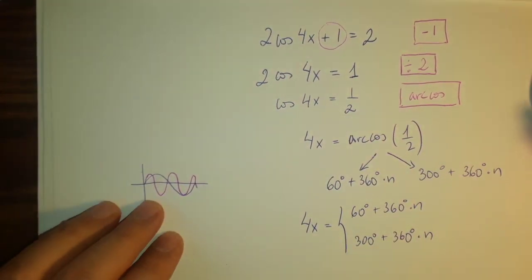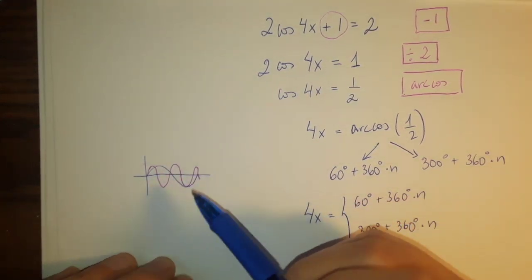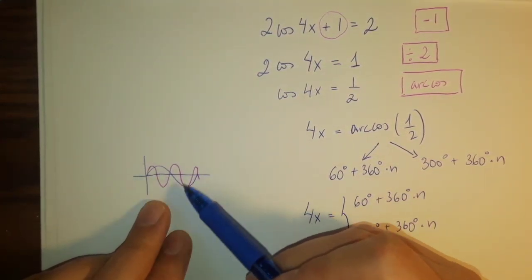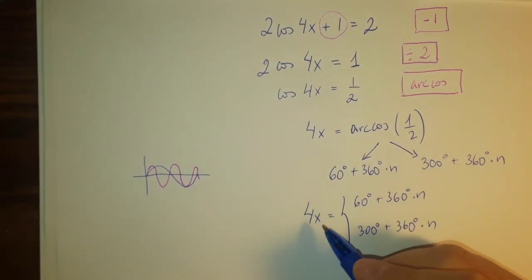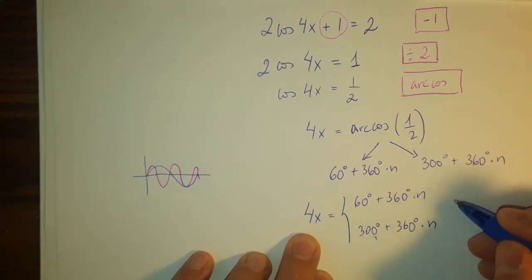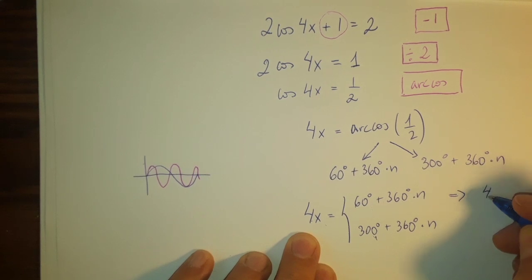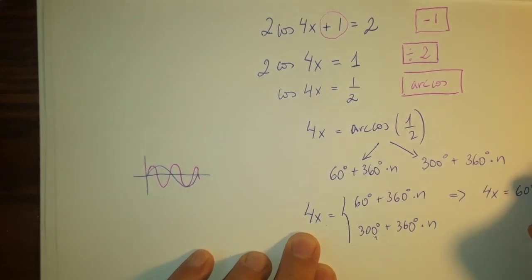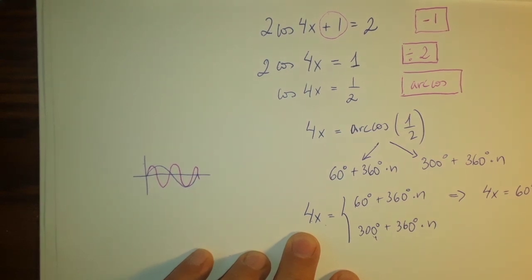Okay? And because of that, it's gonna go 4 times. Here, it's not going 4 times, okay? I just want you to imagine the situation. So now, I'm gonna solve each one of these equations separately. So what I'm gonna do is 4x equals 60 plus 360 times n, okay?